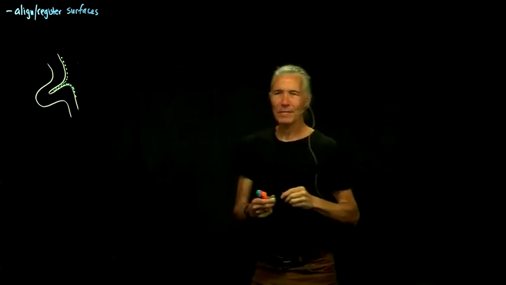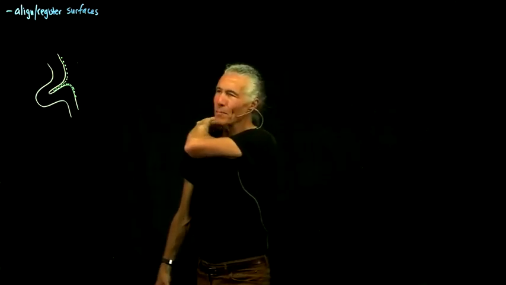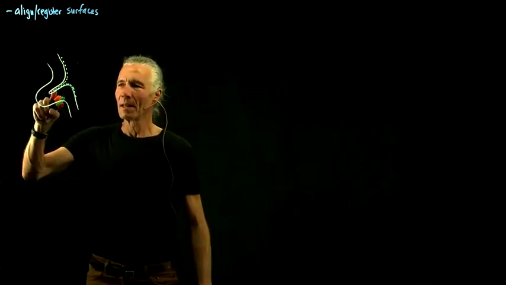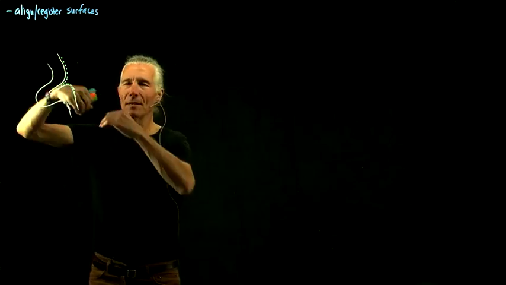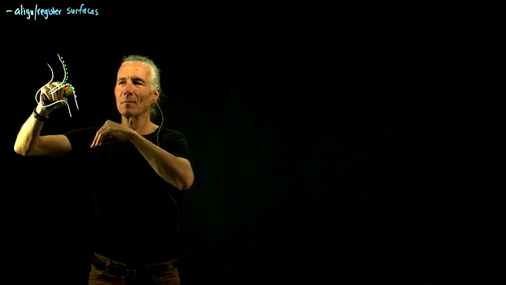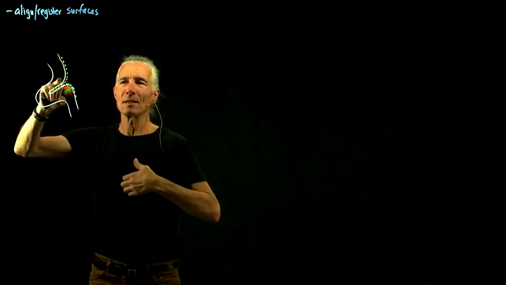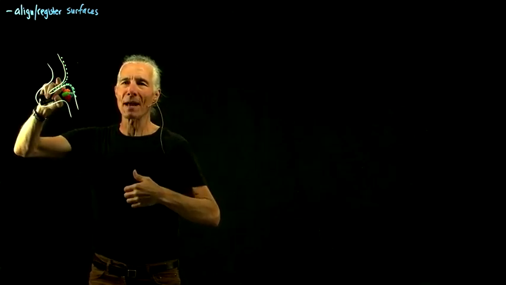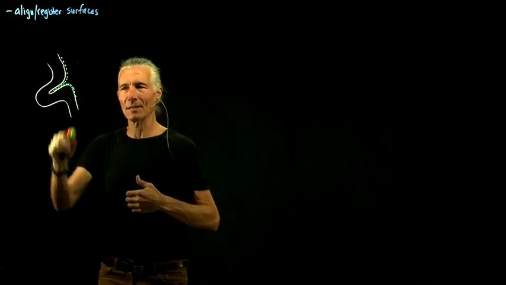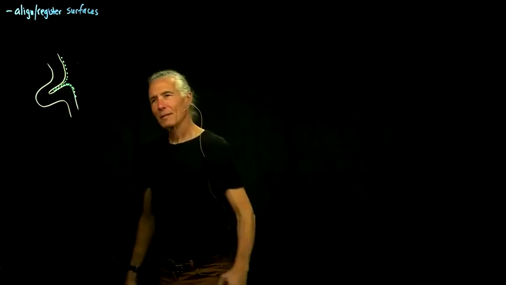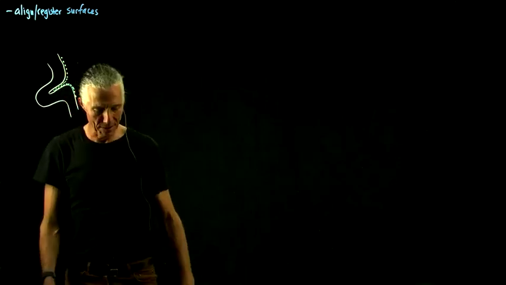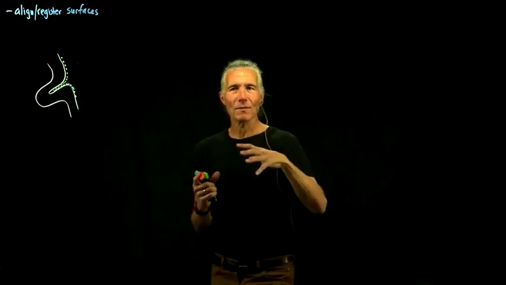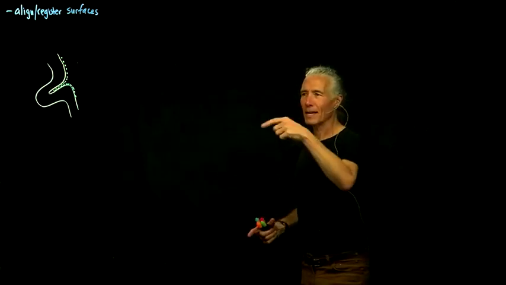But the problem with that approach is that these surfaces approach each other too closely, especially in the younger person. There's almost no space at all between one bank of the sulcus and the other bank of the sulcus. And because of that, it's really hard to stuff this surface down in there. So we just use that for getting rid of the skull, but not actually reconstructing the surface.